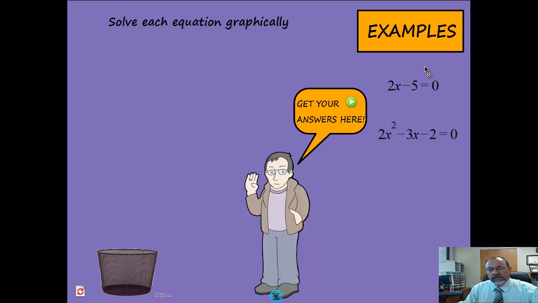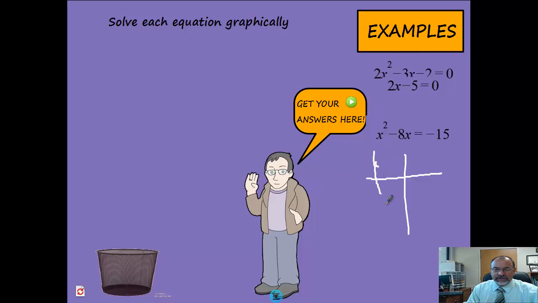Okay? Let me do another one here. This one, for example, is x squared minus 8x is equal to negative 15. Now, if you wanted to leave it like this and solve it graphically, you would take the left side of the equation, x squared minus 8x, and you would graph that. And that would give you some quadratic that looks something like this. It wouldn't be there, but just to give you an idea. Then as y2, you put in the other side of the equation, that's negative 15.